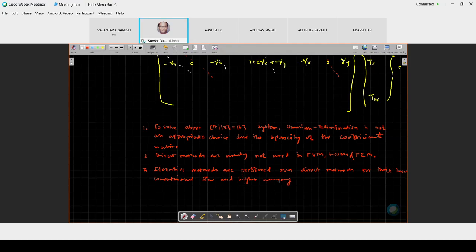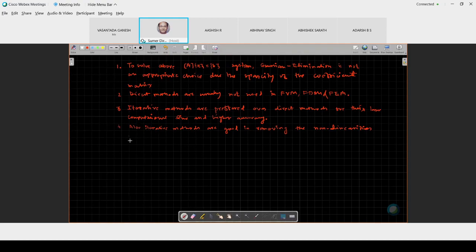And also iterative methods are good in removing the nonlinearities present in the governing equations.